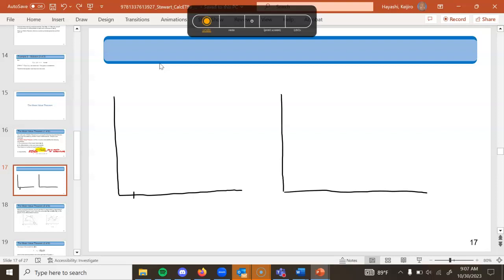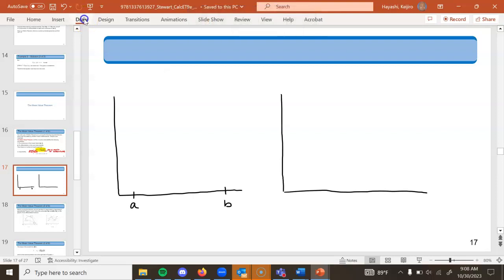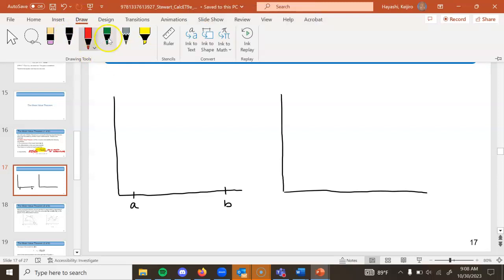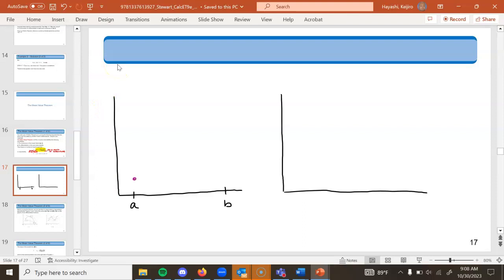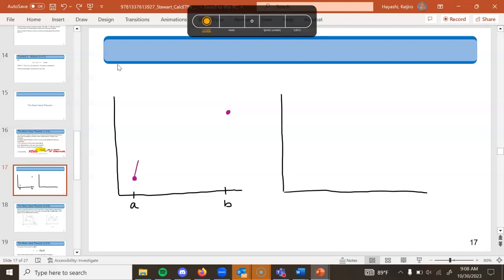So just slap down an A and a B somewhere. And you don't need f of A to equal f of B anymore. They can be at different heights, it doesn't matter. And then just draw a function that connects f of A and f of B.